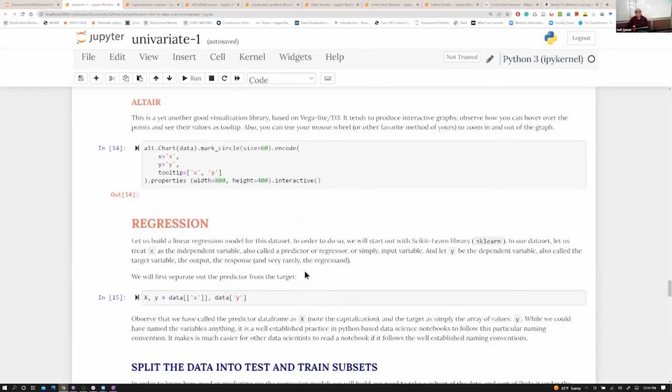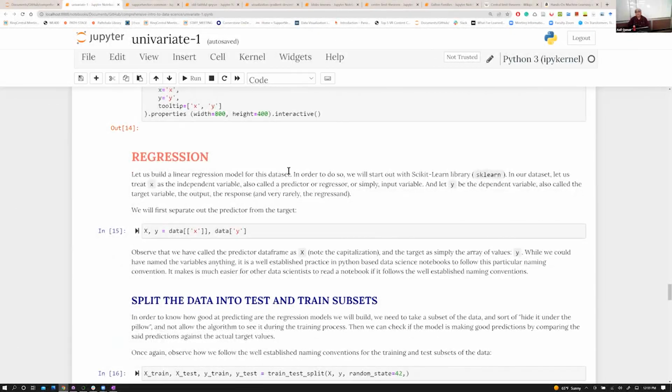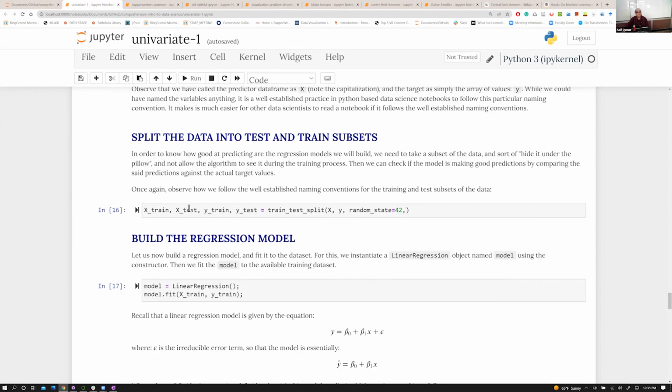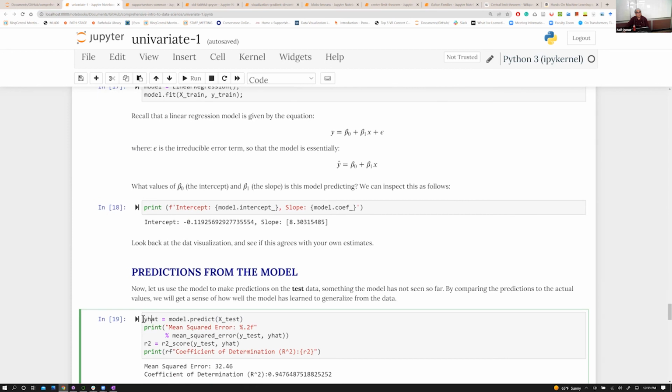But do you see that actually in real life, using these powerful libraries of today, all you have to do is 3 lines. Split the data into test and train, build the model, and then predict from the model. Y hat is the prediction from the model. Just 3-4 lines of code.